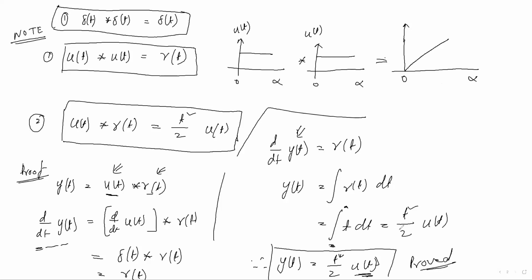We directly put t square by 2. But since all the signals are causal, when we multiply this U of t with t square by 2, that represents that this signal is also a causal signal. We are focusing only on causal signals.